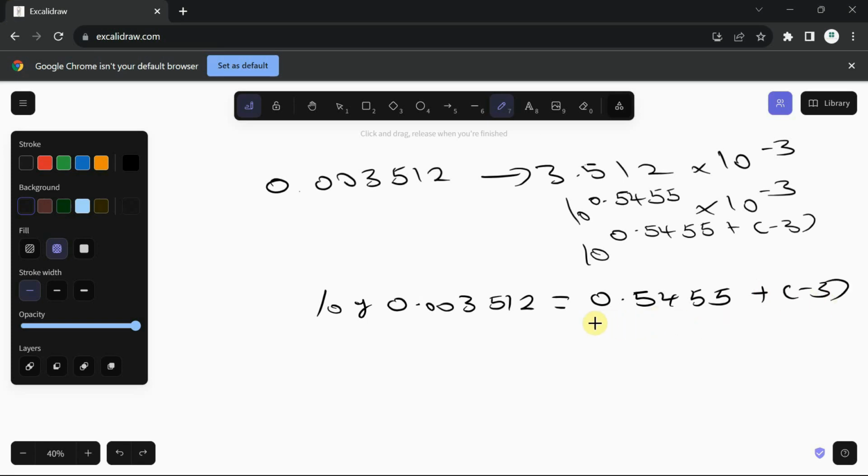After they do this, what do they do? You can write minus 3 first, plus 0.5455. They say this minus 3 they're going to represent as bar 3. So bar 3 point, then the remainder, which is 5455.